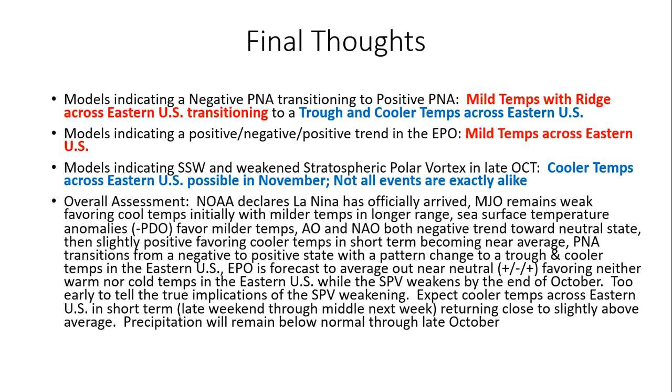Additionally, not all events are exactly alike. There've been some great examples in past winters where we generally get cooler temperatures over into Eurasia and very little impact in the eastern United States.